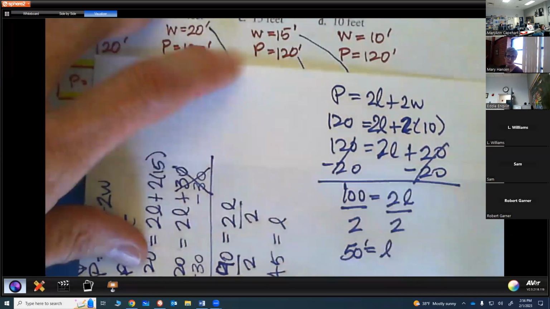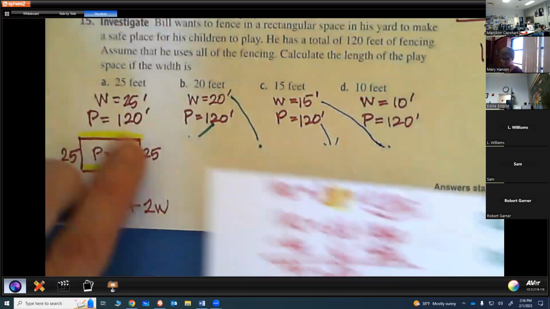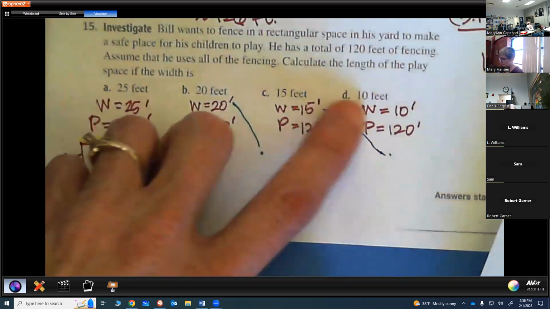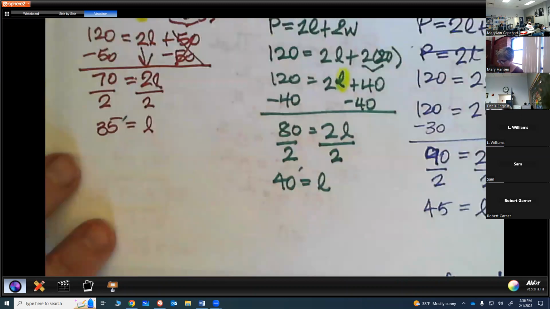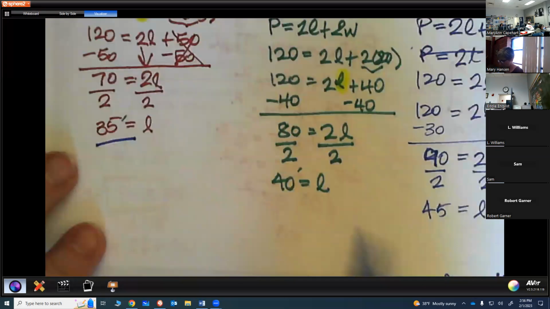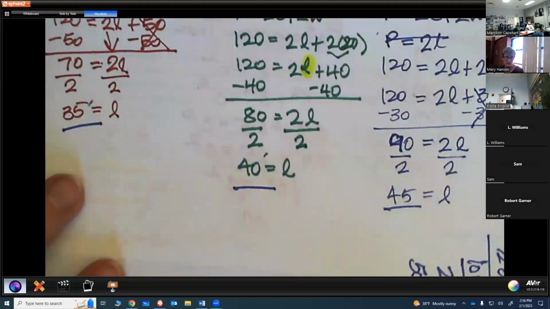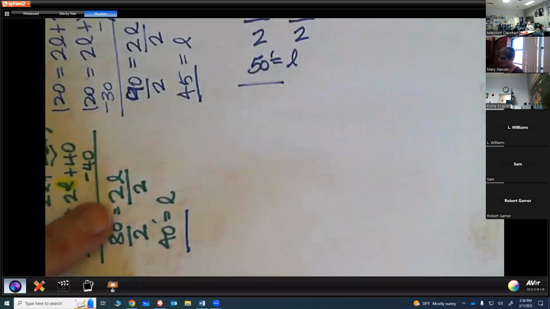Now for you visual people, we kind of went around the corner on my page, but if you notice in A, B, C, and D, the width is getting smaller each time. And as the width gets smaller, the length increases from 35 to 40 to 45 to, around the corner, 50.